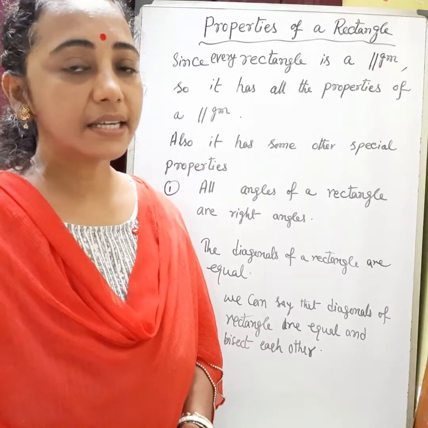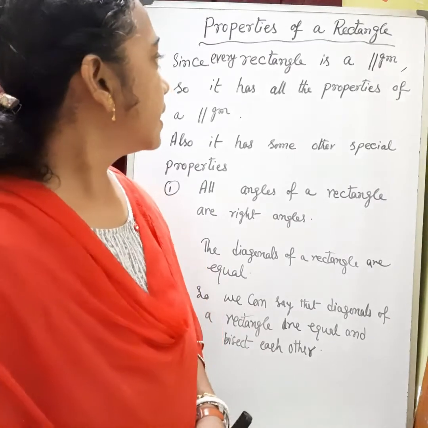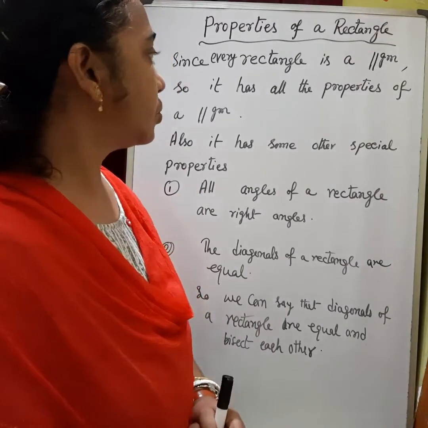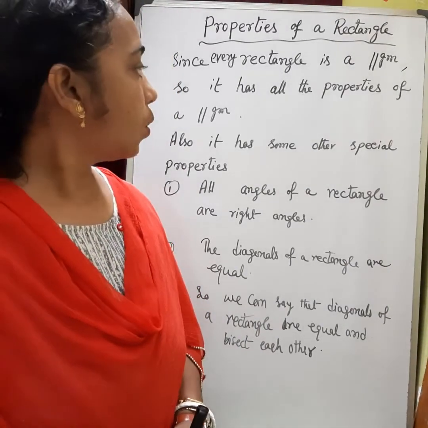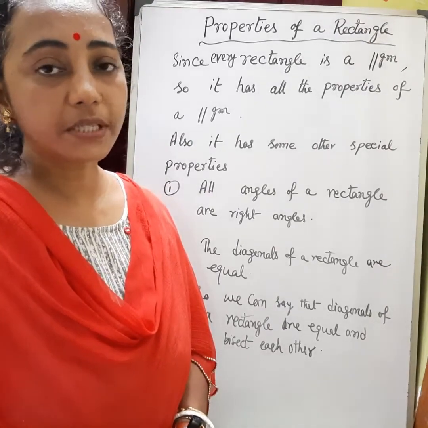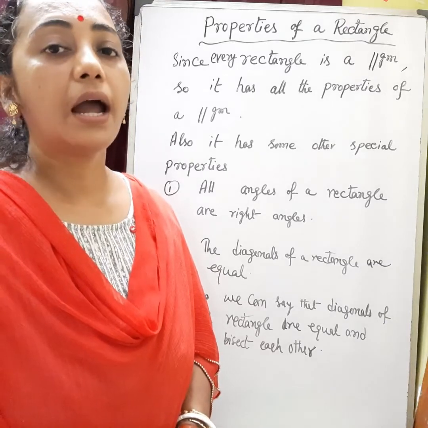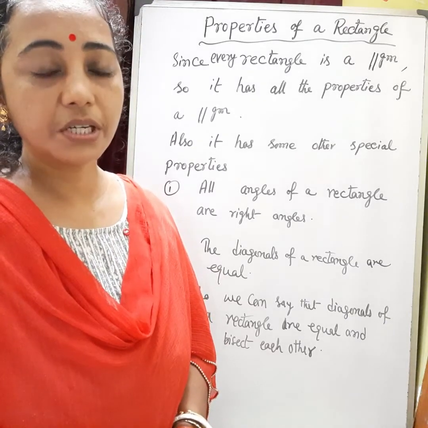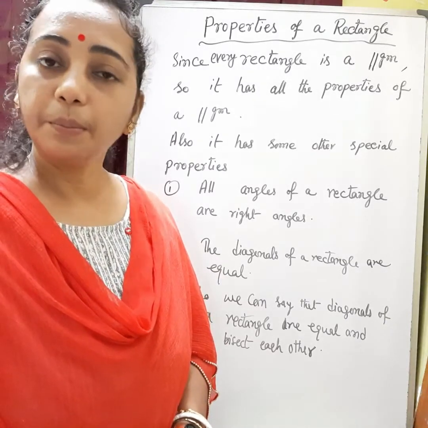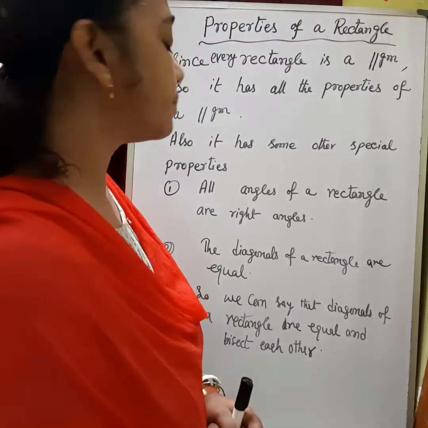Now let us see the properties of a rectangle. Since every rectangle is a parallelogram, it has all the properties of a parallelogram. That is, opposite sides are equal, opposite angles are equal, adjacent angles are supplementary, and diagonals bisect each other. Also, it has some other special properties.